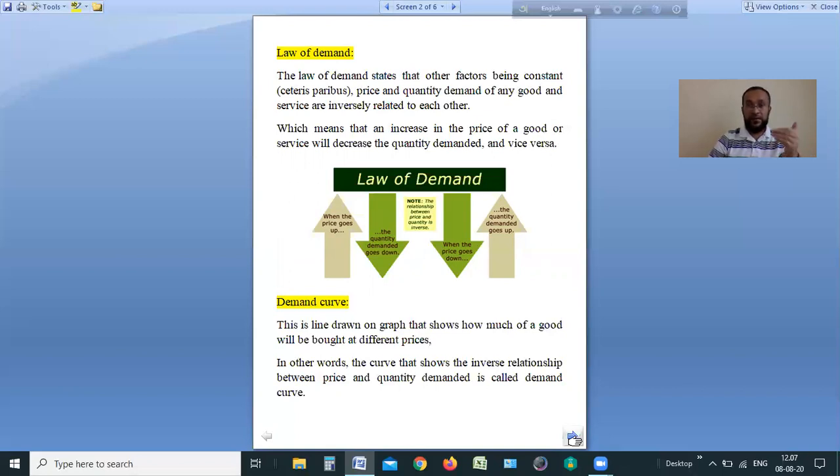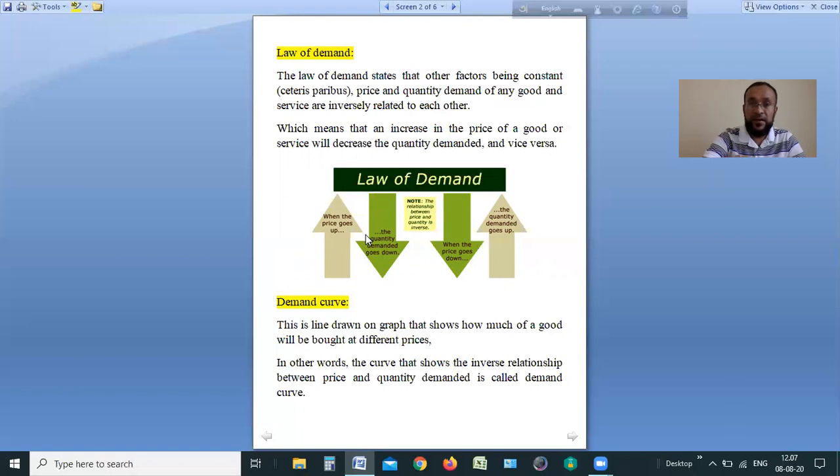In this situation, if price changes, what will happen to demand? This is the law of demand. As per the law of demand, other factors remain constant. This is our assumption. And if the price of the product increases, then demand will decrease. See here, we show the upward direction. When price goes up, in reaction to the increase in price, demand will fall. The quantity demanded goes down.